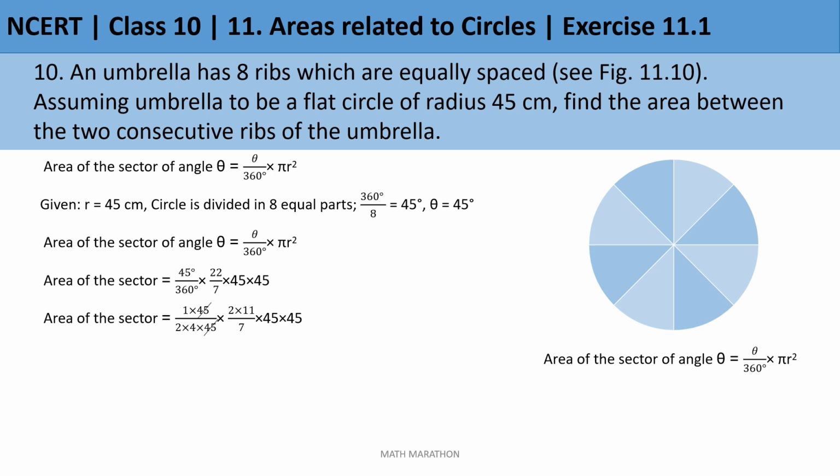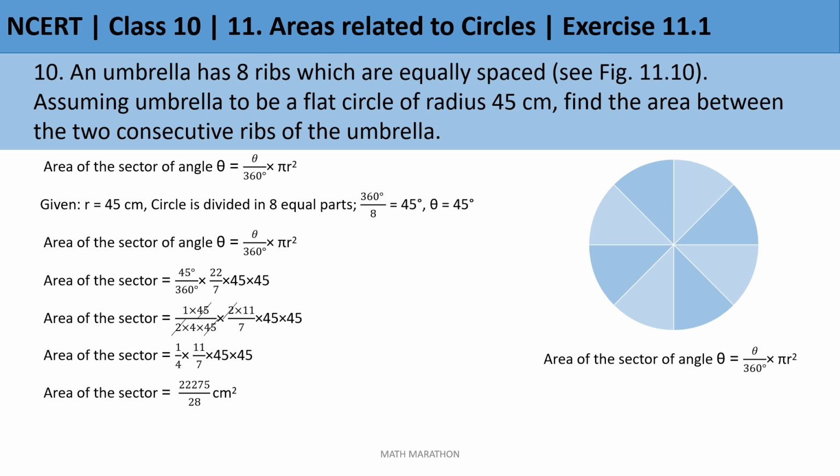In numerator and denominator, we have 45. We can cancel out 45. In numerator and denominator, we have 2. We can cancel out 2. Area of a sector is equal to 1 by 4 multiplied by 11 by 7 multiplied by 45 multiplied by 45.